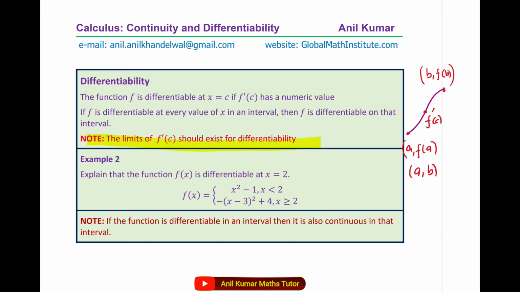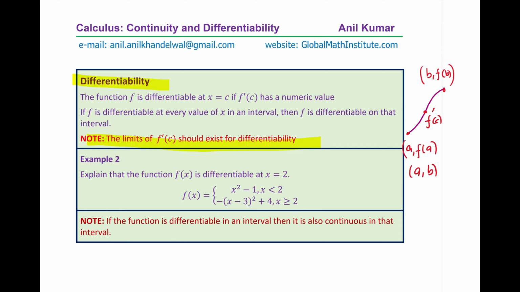We are trying to find differentiability using the definition of limits. So in this case, if we have to prove that the function is differentiable within a given interval, we have to actually find the limit of the derivative, and it should exist at each and every point within that interval. So I hope you got the idea, right?